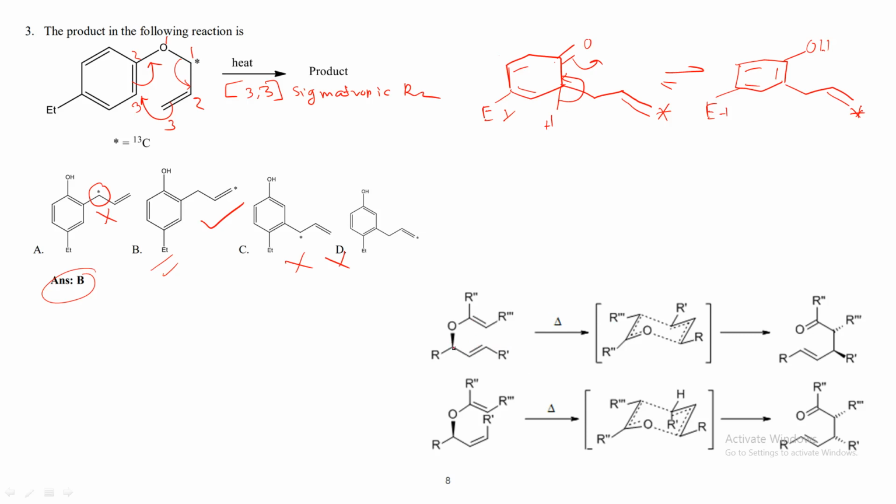So how it is written: RO, they have written over here, right? RO, and then C of this R. So with O, the R is present. It is like this, and then both the double bonds you can see have an E relationship.